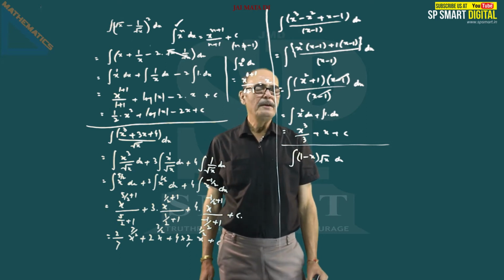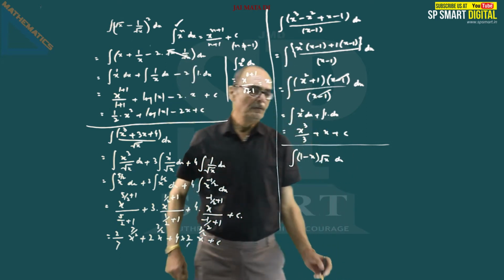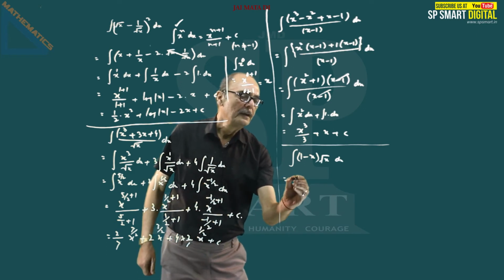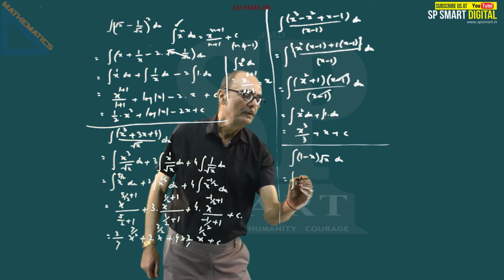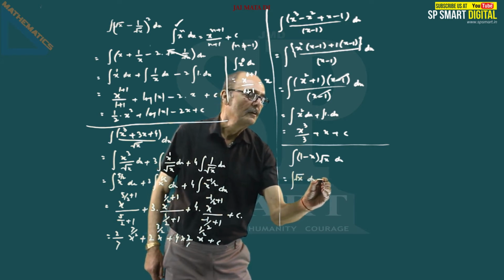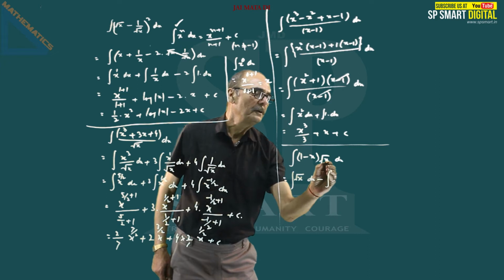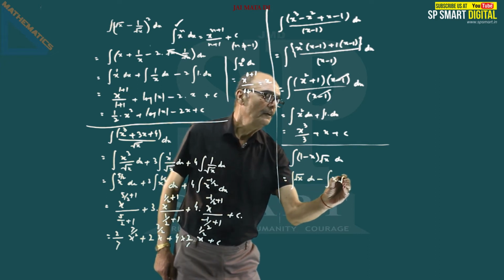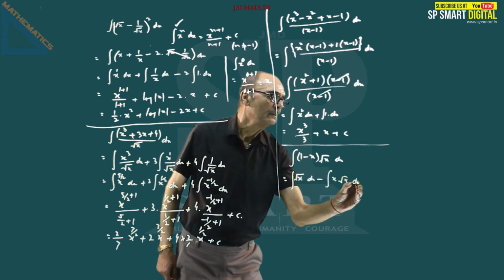We have again to make use of this formula. See how we develop it. Integral of 1 into root x is root x d of x, minus x multiplied by root x, that is x root x d of x.